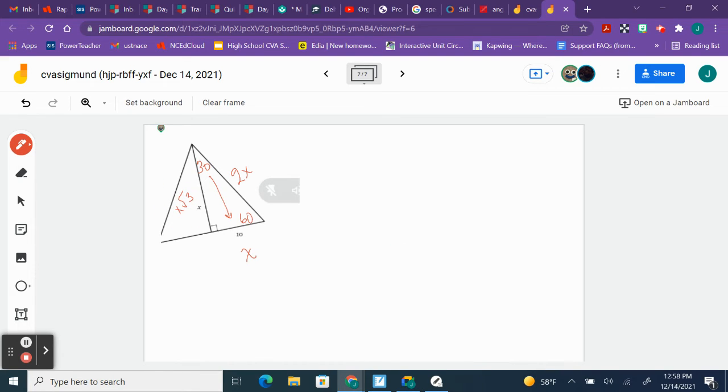Again, it's my favorite when they give you the side that's across from 30 because that's x. And then you just plug it in. So at this rate, 30 is 10 on that side. So that 10 just goes in the place of x over here, solving for the x they're asking for. So since x is equal to 10, if we know the ratio is x square roots of 3 on the side we need to solve for, then we're just going to plug in 10 square roots of 3.